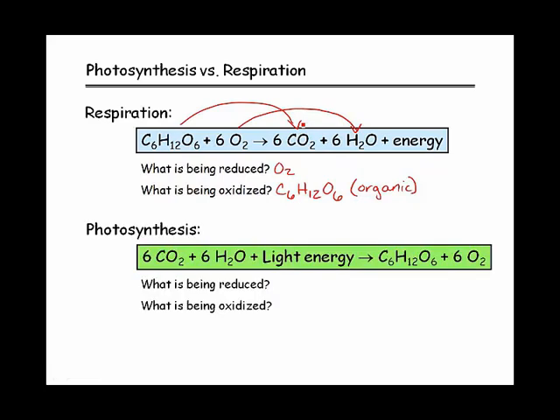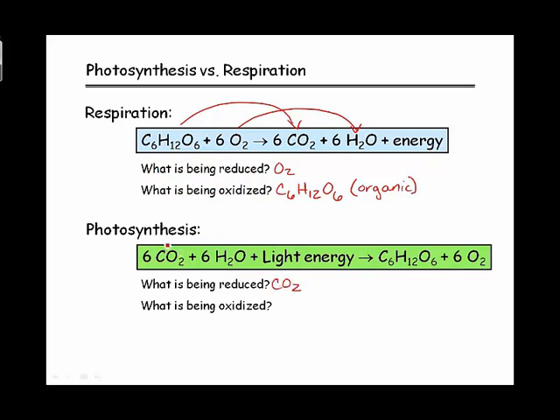Now if we take another look at the photosynthesis equation, this is also a redox process. So we will be collecting energy, or collecting electrons, and then passing them to another molecule. What will be reduced in photosynthesis is now going to be carbon dioxide.